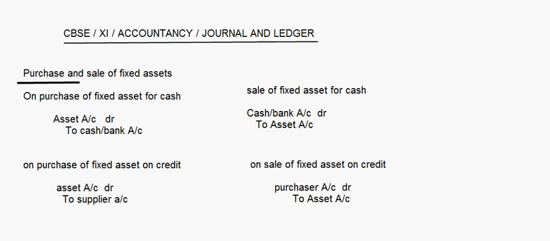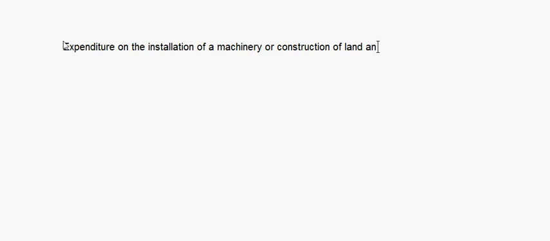Now the second thing that we have to understand here is expenditure on the installation of a machinery or expenditure related to the construction of land and building.